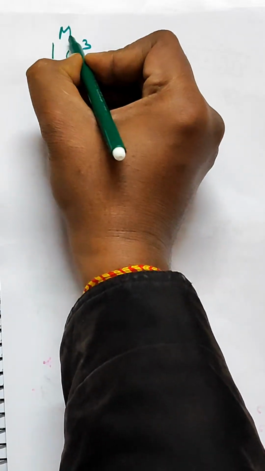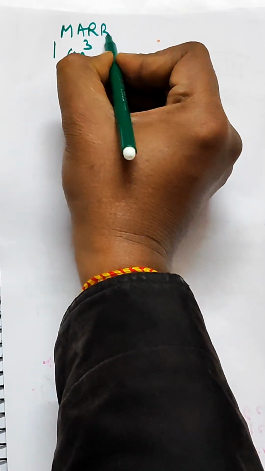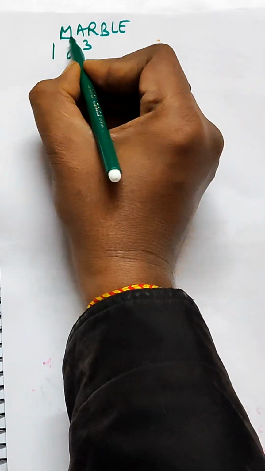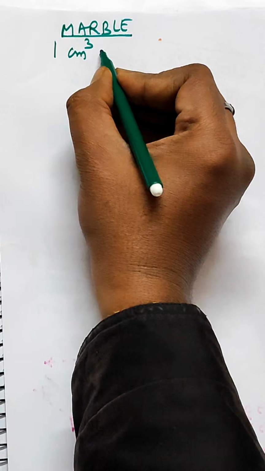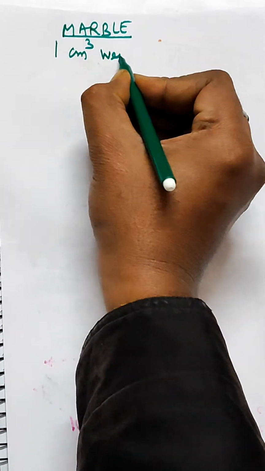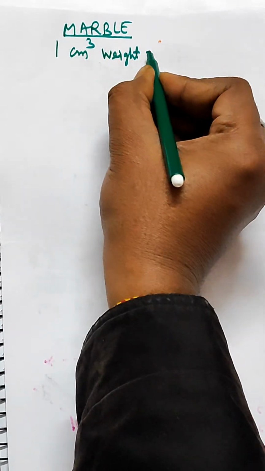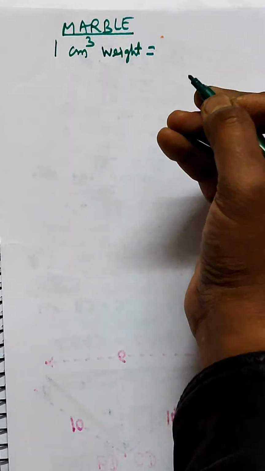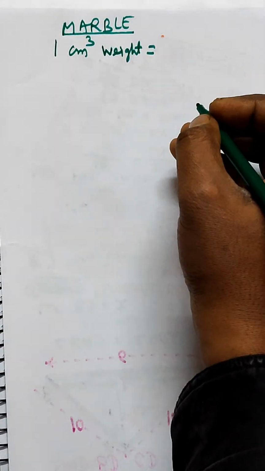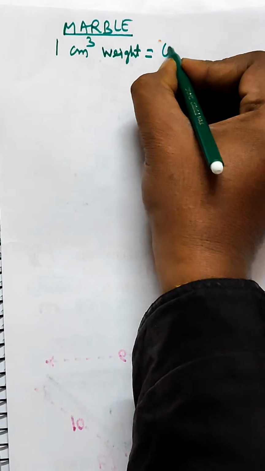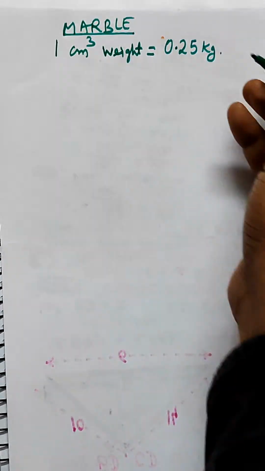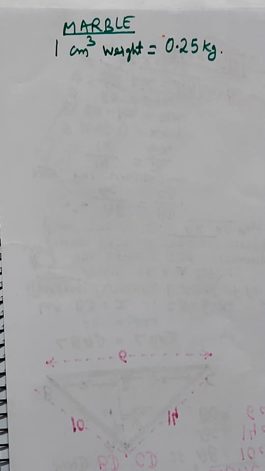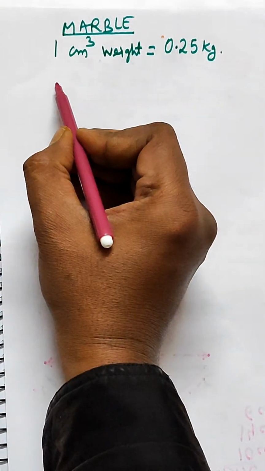That is marble. You know, marble which is put into the floor, right? So marble's 1 centimeter cube weight is given as 0.25 kg, right? 0.25 kg. So this is marble.